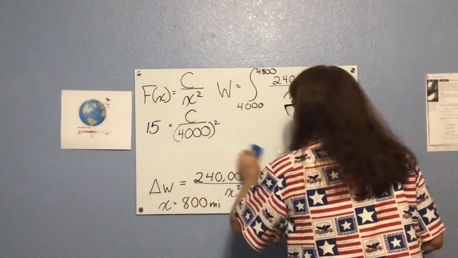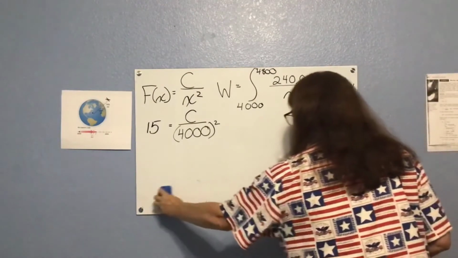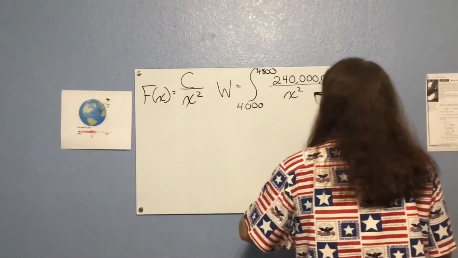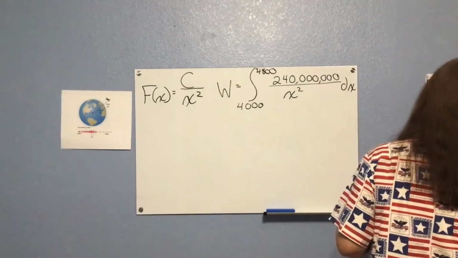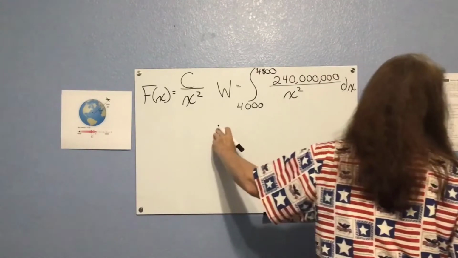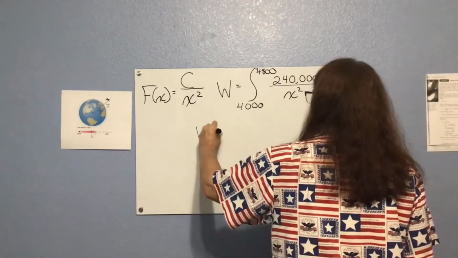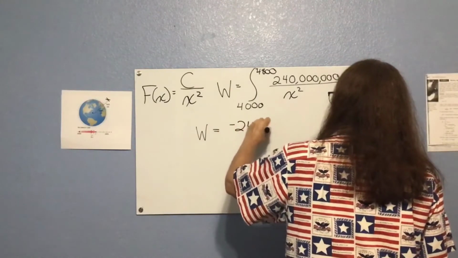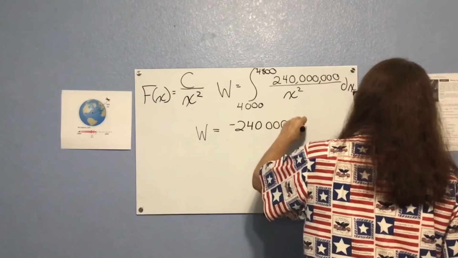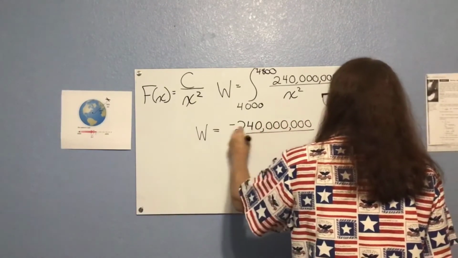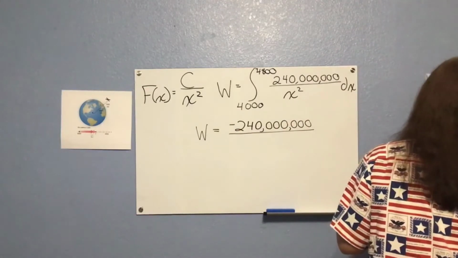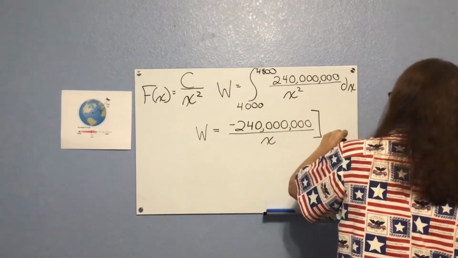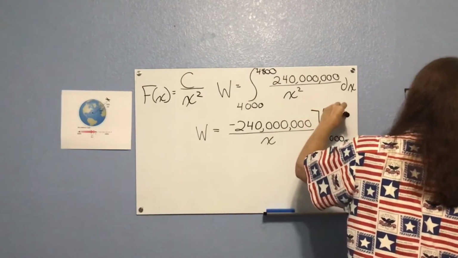Okay, let's make a little room here. When we integrate, we get that the work is equal to negative 240 million divided by x, evaluated from 4,000 to 4,800.